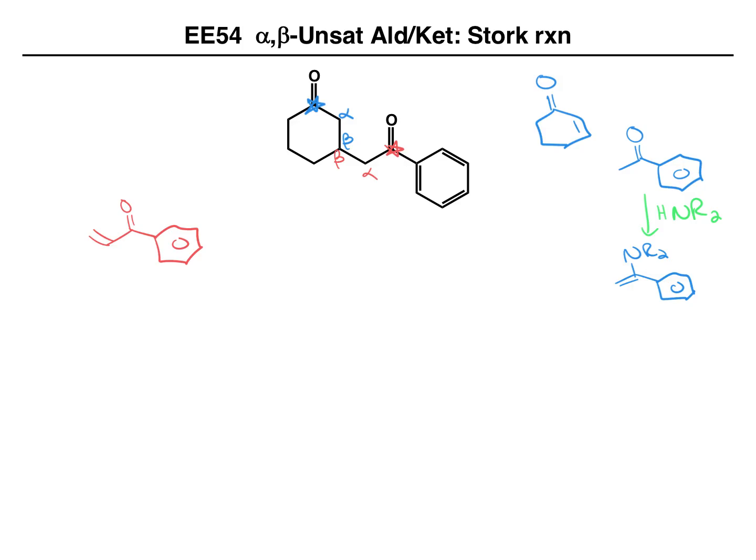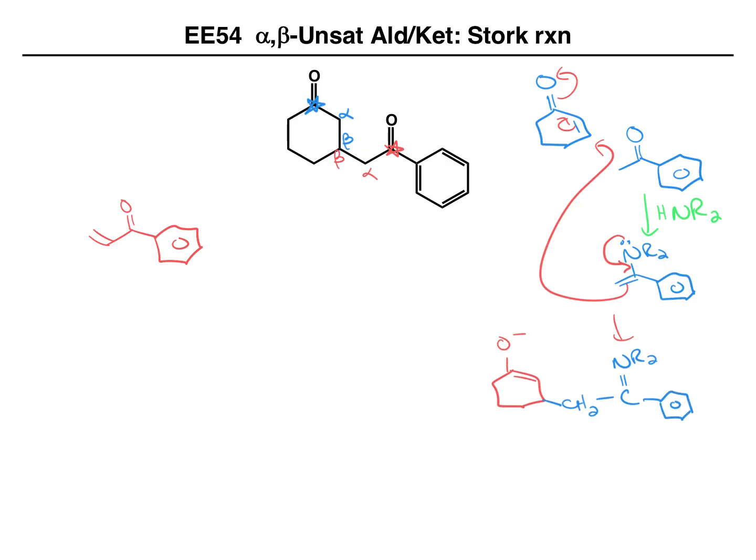And that will give us this enamine. Now, when this enamine reacts with the alpha beta unsaturated ketone, these electrons will come in here, these electrons will go here and here and here, which will give us this CH2 connected to the C that is double bonded to the NR2 and single bonded, obviously, to the ring.